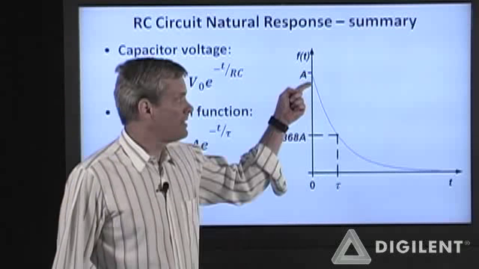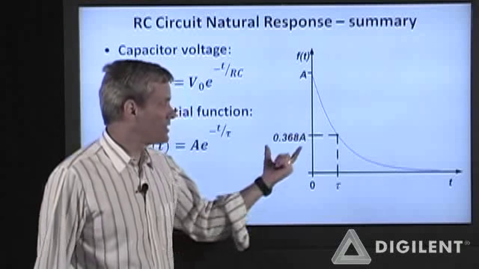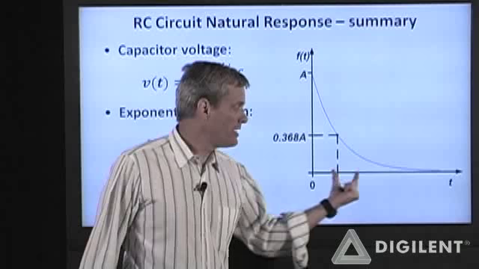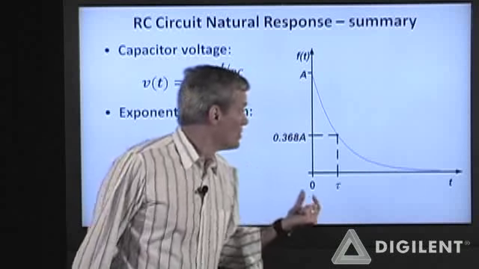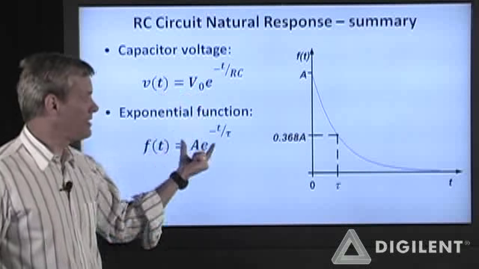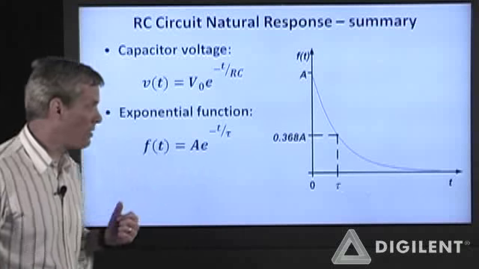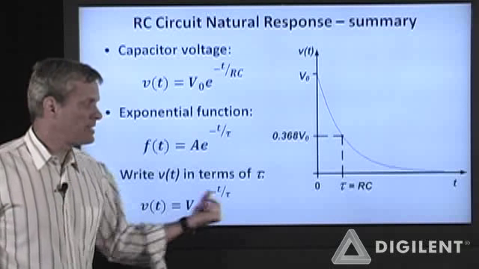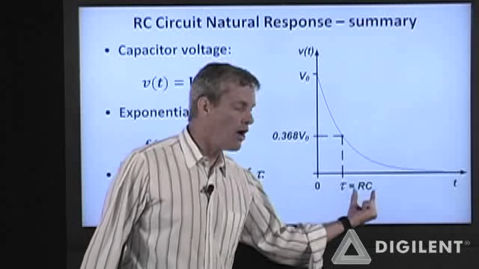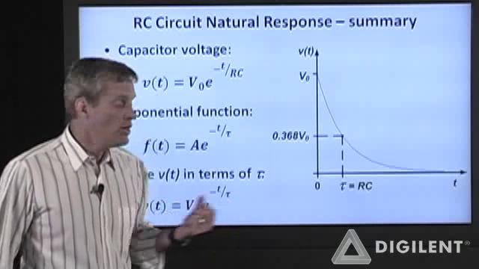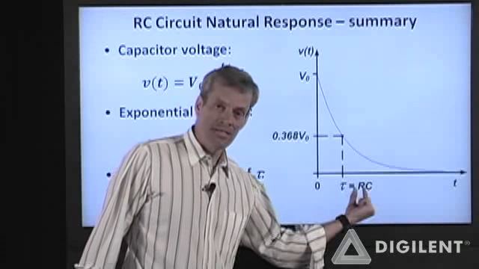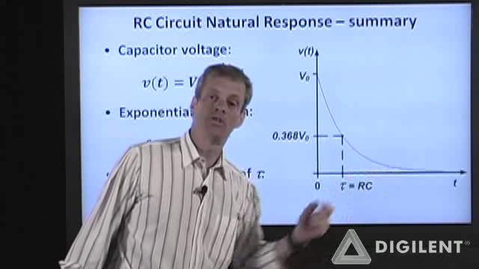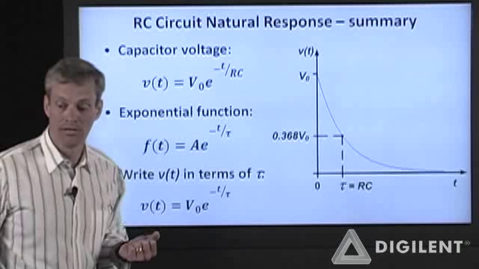What happens is that the value of this function decreases by 63.2% every tau seconds. So we can take this and put it in this form by writing v of t as v0 e to the minus t over tau, where tau is r times c. So essentially, the resistance and the capacitance together are setting the rate at which your voltage decays.